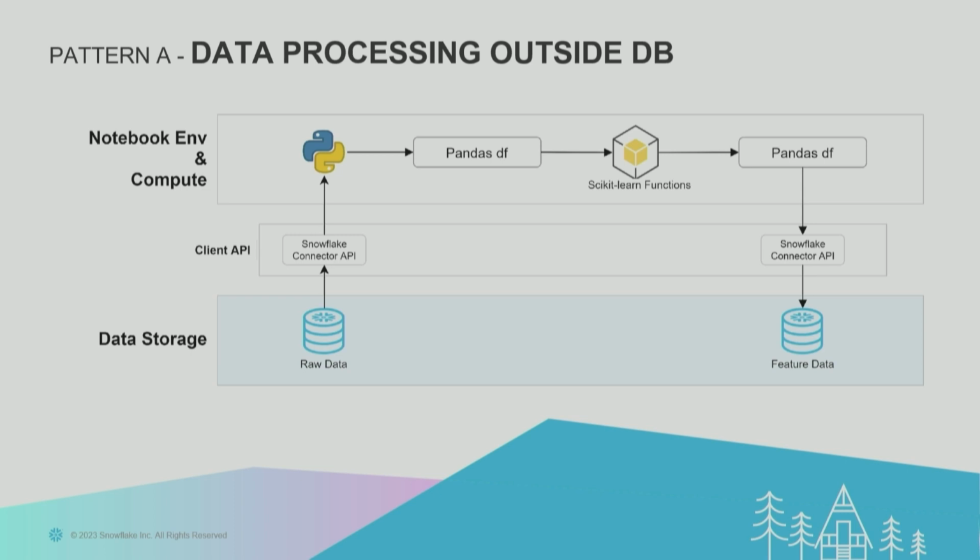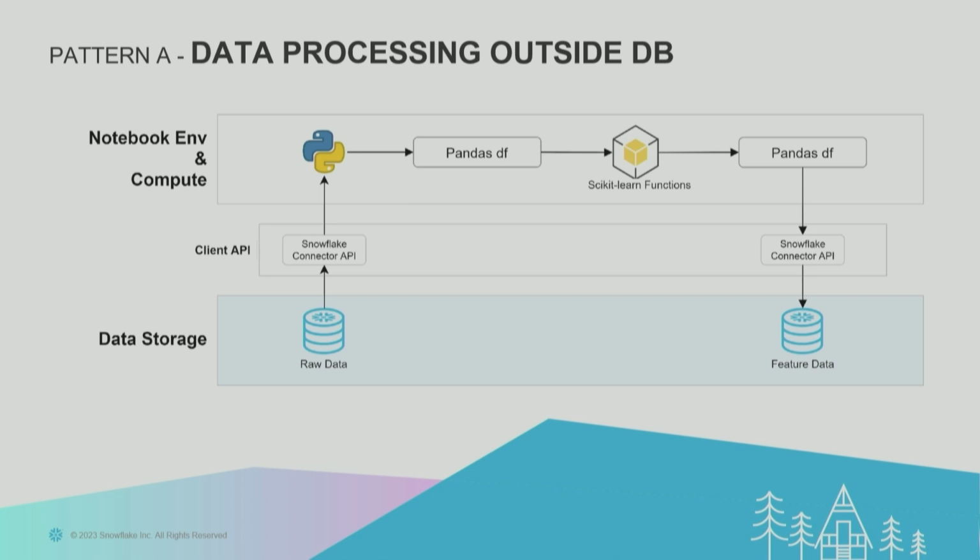A lot of the data scientists leverage common feature engineering functions within scikit-learn. They do all their processing within the Pandas data frame and then load their feature set back into either our offline feature store in Snowflake or in the data scientist's custom data schema.